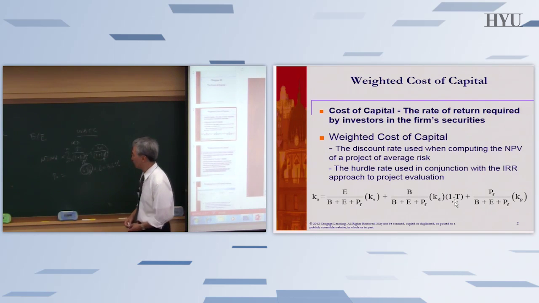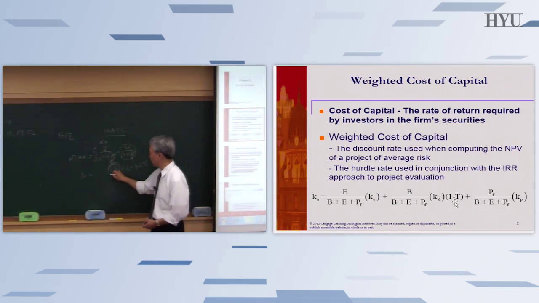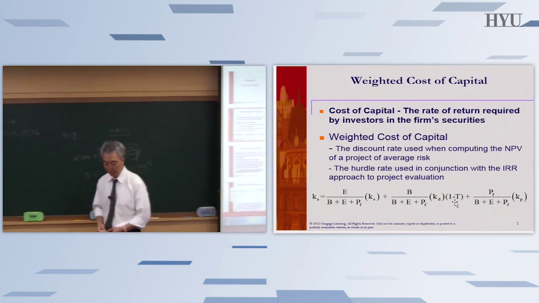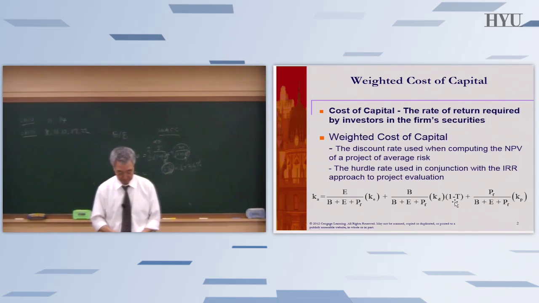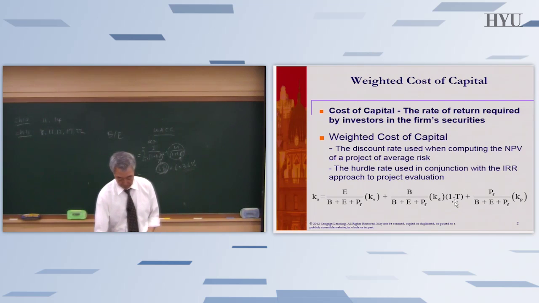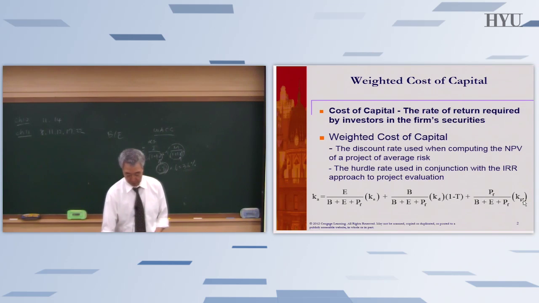So even though you make the 6% interest payment on your debt, the actual real cost is only 3.6%, right? That's what it is about. And finally, you multiply the proportion of preferred stock by the cost of preferred stock. Okay?